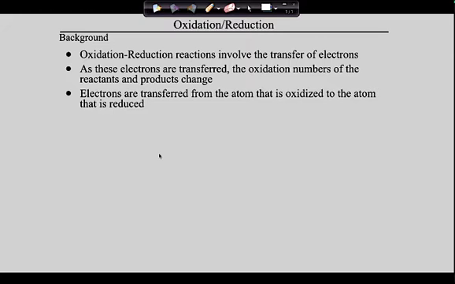Well, guys, this is where we start talking about terminology. When electrons are transferred, electrons are moving from the atom that is oxidized to the atom that is reduced. So guys, fundamentally, what does that mean?